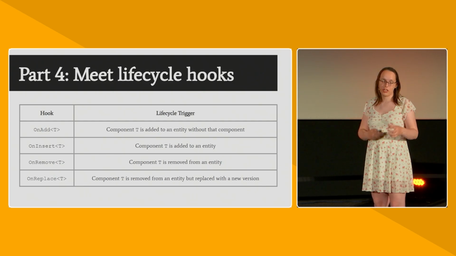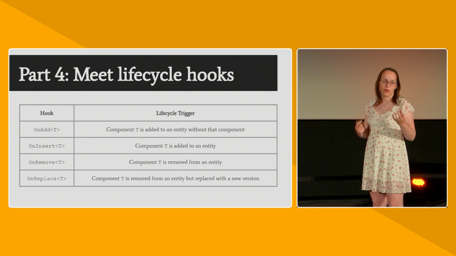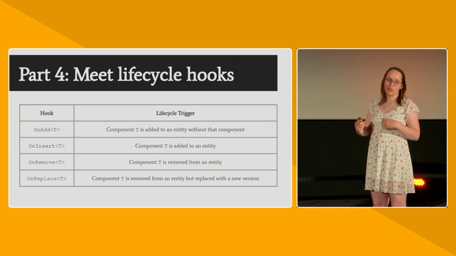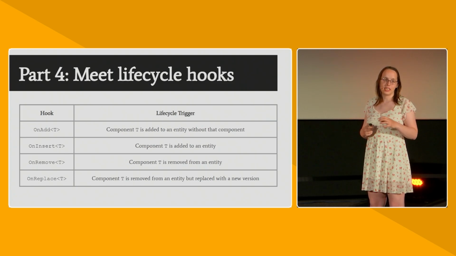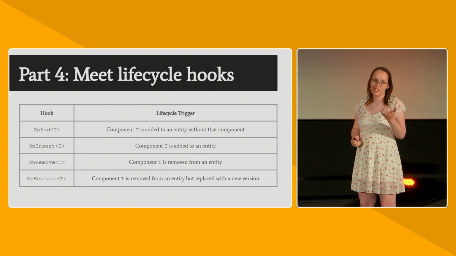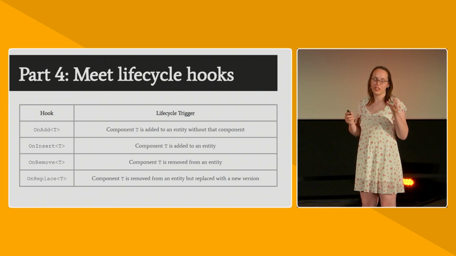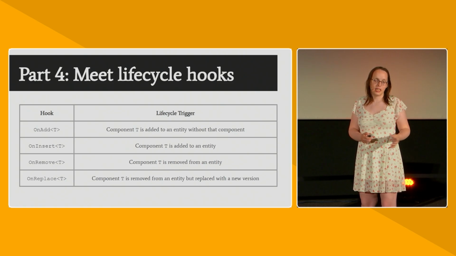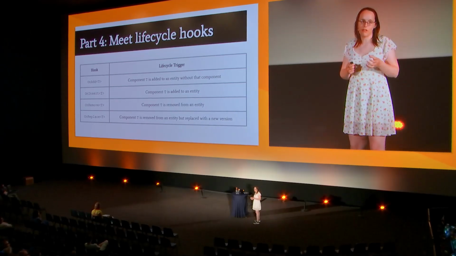So lifecycle hooks are things that trigger when something happens to your components, when they're added, when they're removed, and so on. The really important thing is this can cause arbitrary side effects. It has a RefMut world, and it mutates the world immediately in any way that you want. These are designed as kind of like constructors and destructors. They're designed to enforce invariants.